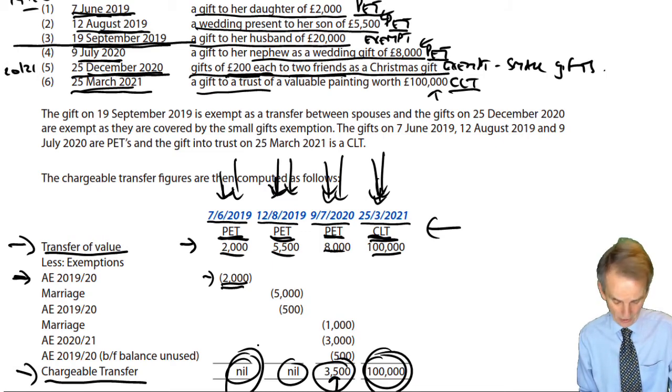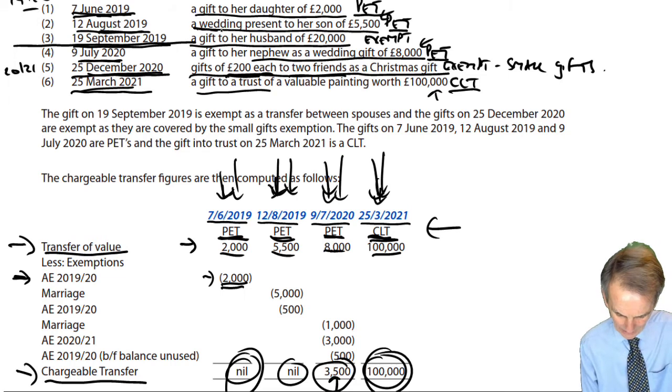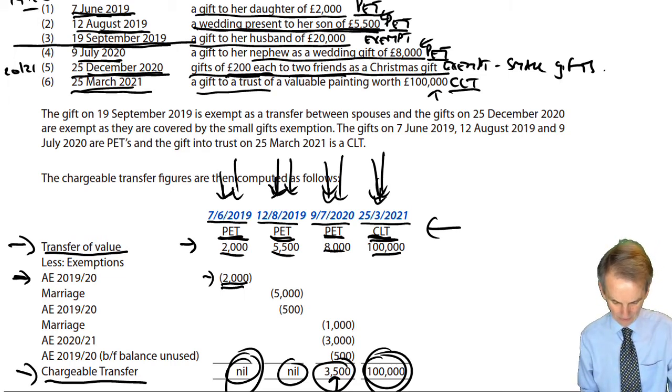On to the next transaction within this tax year relevant to us, and that was a wedding present to her son of £5,500. So again, August 19, the PET, £5,500 to her son on the occasion of the son's marriage.